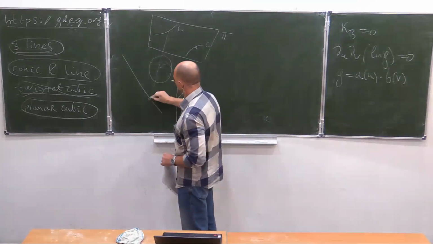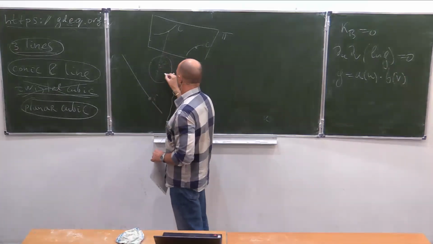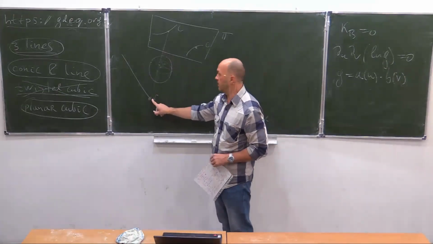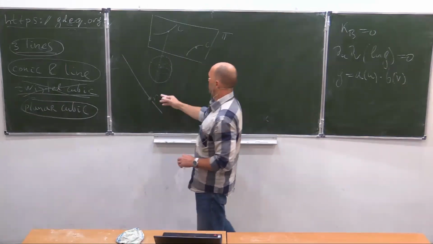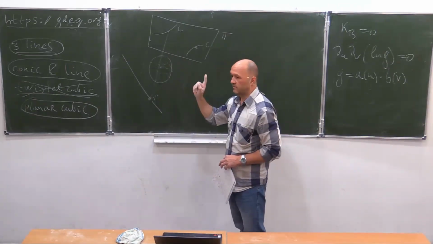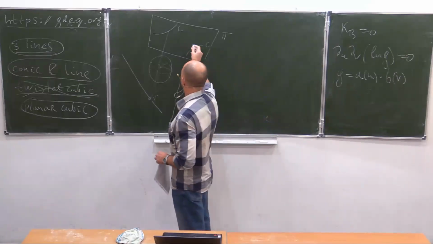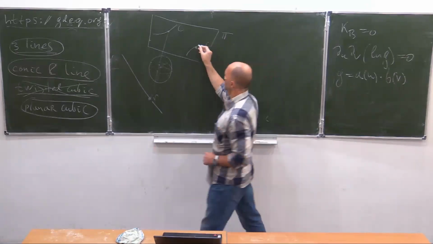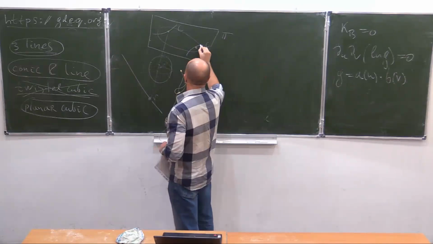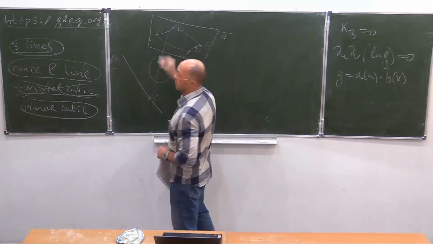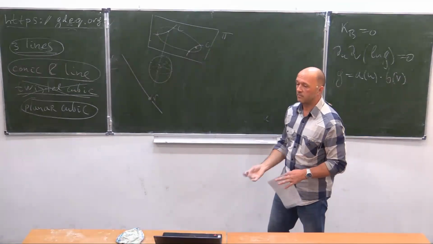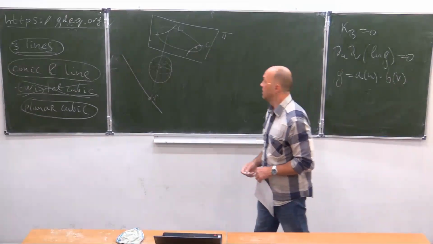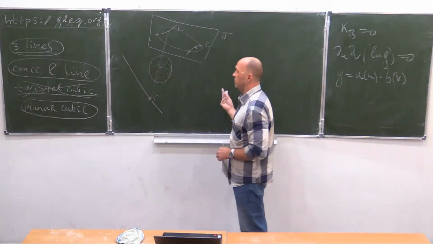You project, you consider the cone of tangent lines from this running point on the line, and this family of tangent lines is a cone. Its intersection with the plane of the polar conic is a conic, right? So you have 4 points. Well, some points could be complex, but there are 4 of them.